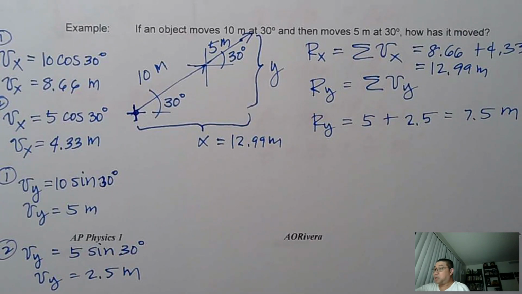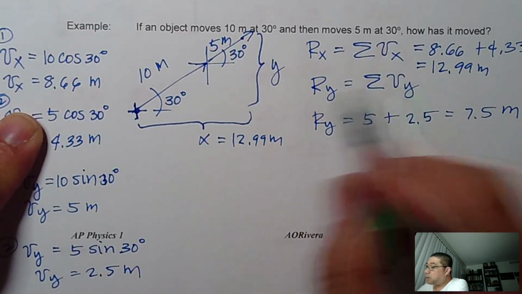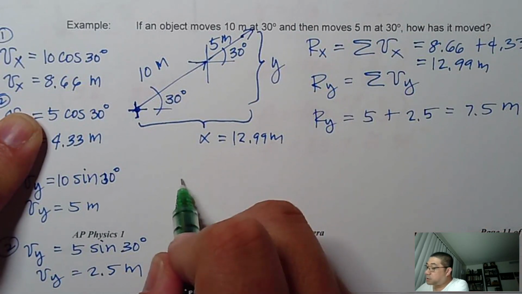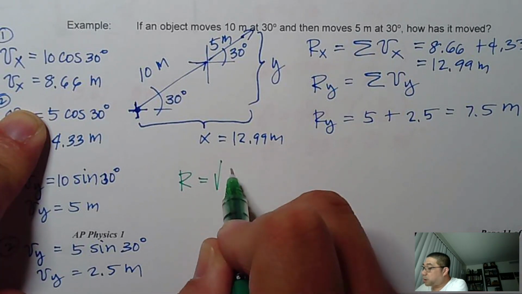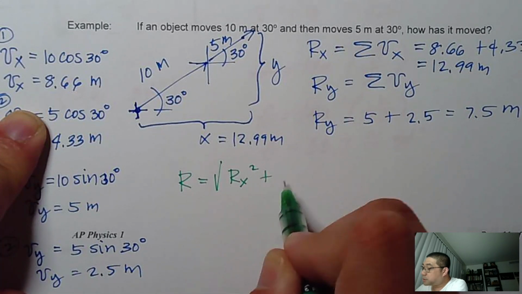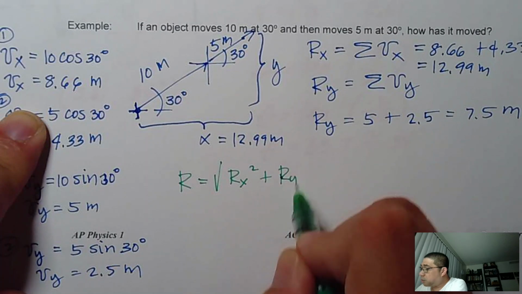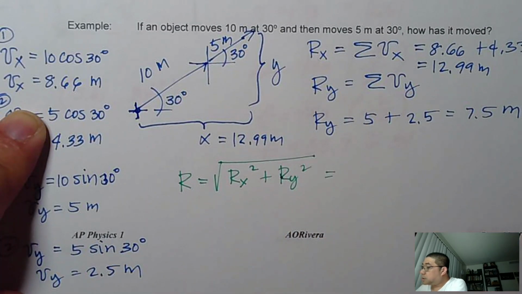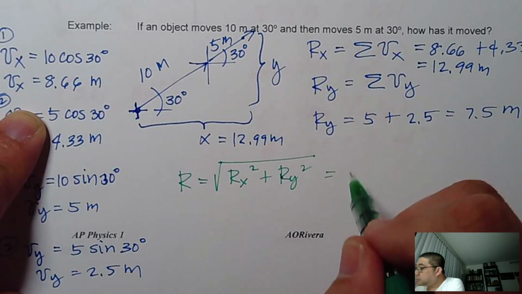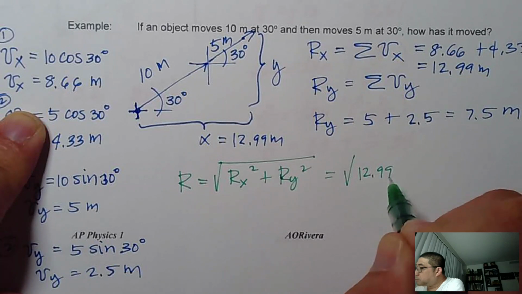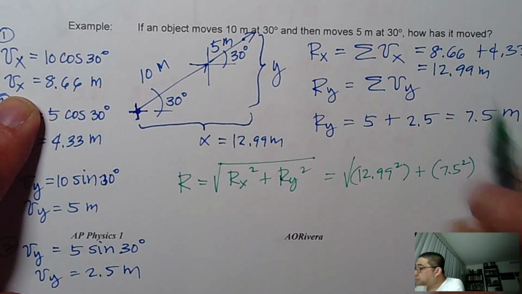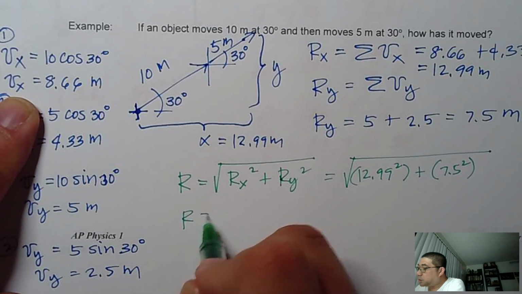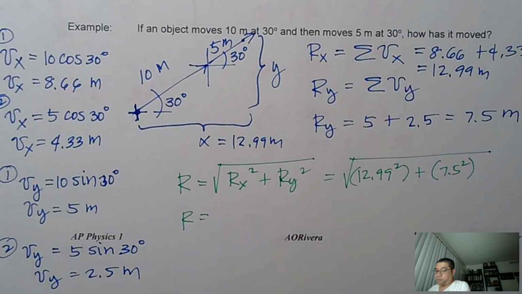Now if you want to take the value of the vector, how far did it travel? So the r is simply the square root of rx squared plus ry squared. So the square root of 12.99 squared plus 7.5 squared. Let's figure it out.